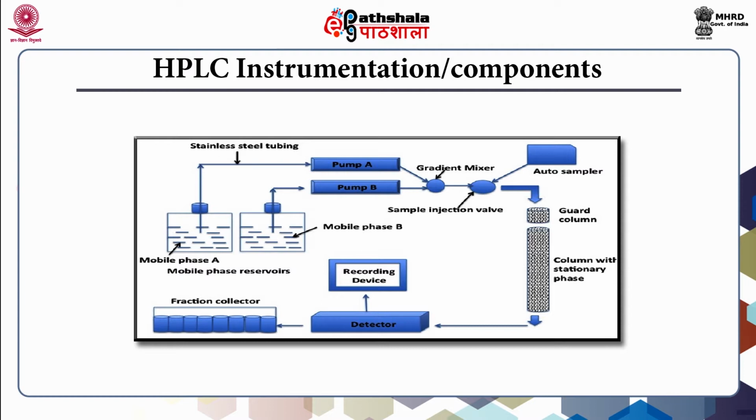The guard column is used prior to the main column to avoid any impurities entering the main column. So, the guard column protects the main column by stopping some of the impurities from going into it. Then we have the main column, the detector, and finally the fraction collector.